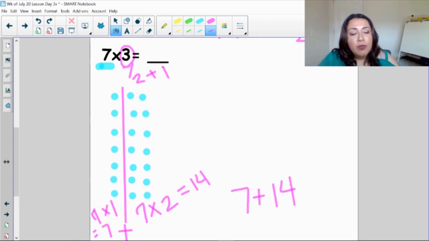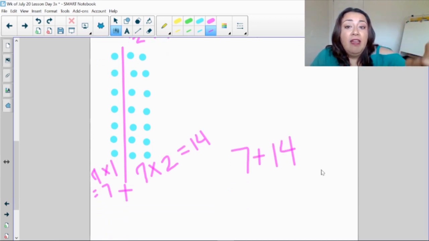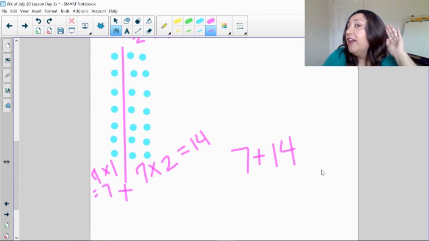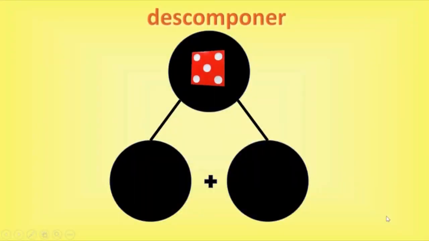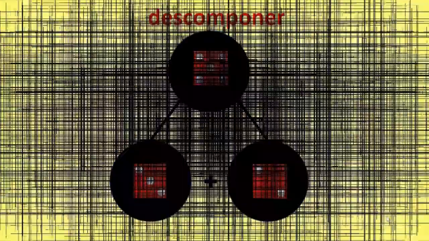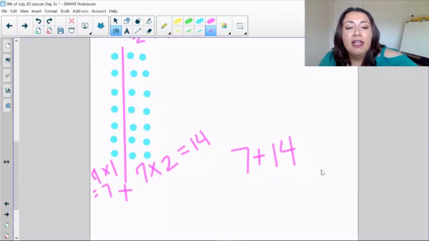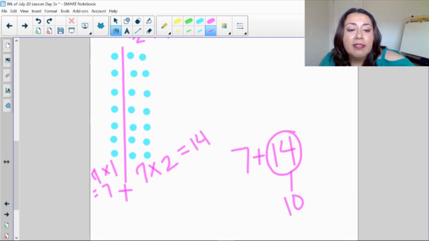¿Podemos hacer esa suma? Claro que podemos hacer esa suma. Podemos sumar las decenas porque podemos descomponer, separar en partes, el número 14 aún más. Este 14 de aquí, yo lo puedo descomponer y decir que son 10 más 4.